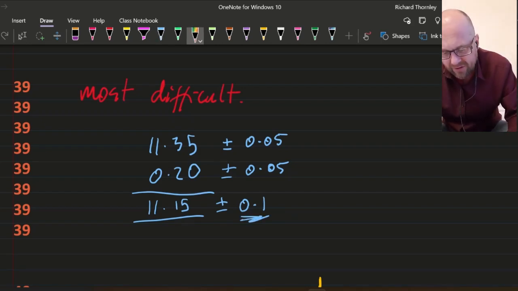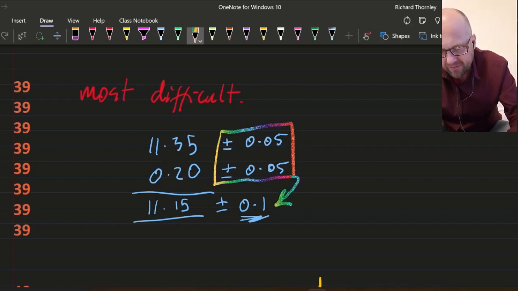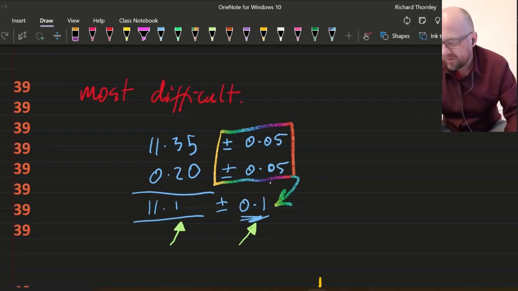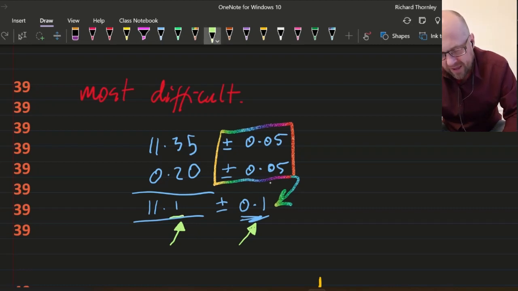I added up the uncertainties to get this uncertainty here, but you can't really. There's a disconnect here. I'm claiming I know it to two decimal places here, and yet I'm uncertain to 1 decimal place. So what am I going to go with? Well, I think I'm going to claim that I only really know it to 1 decimal place. So I'm only going to be needing 1 decimal place here for this first trial. So I want 1 decimal place and an uncertainty of 0.1.